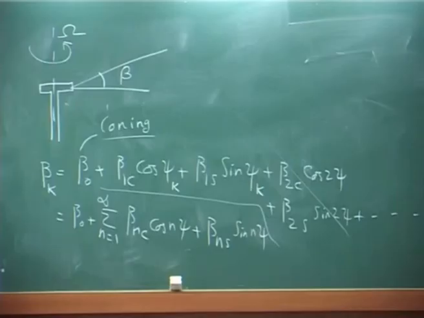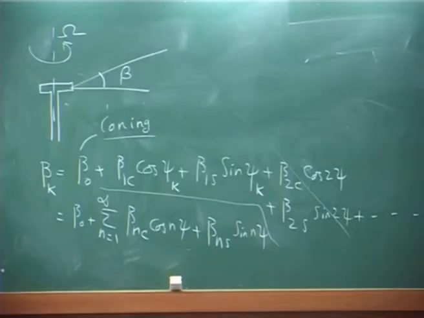What is that disc? Is it the tip path plane, or is it the hub plane, or is it some control plane? What is that plane? Now you see, you can define several reference axes, okay, and this will complicate the problem.